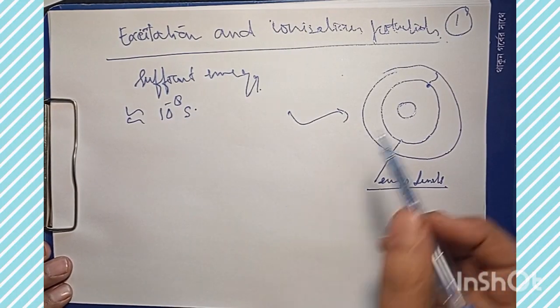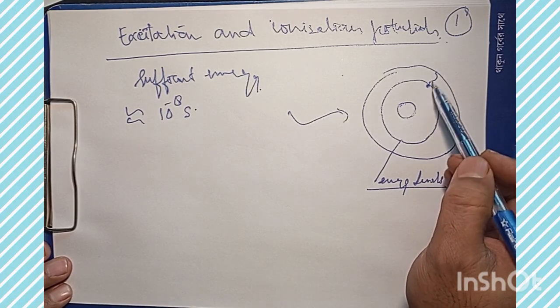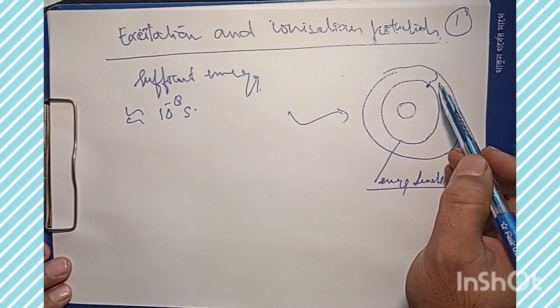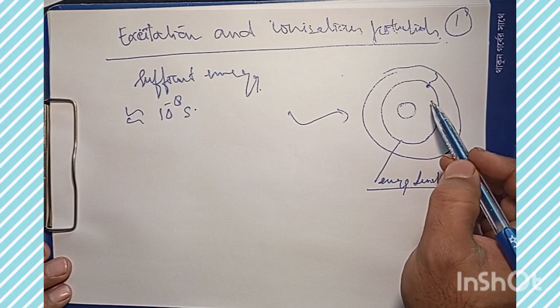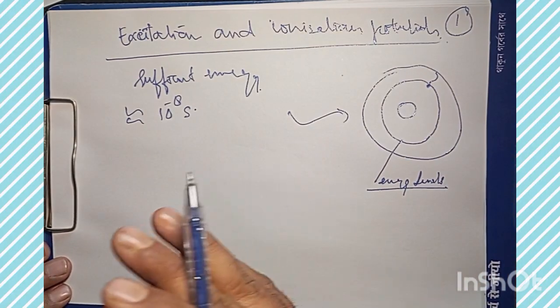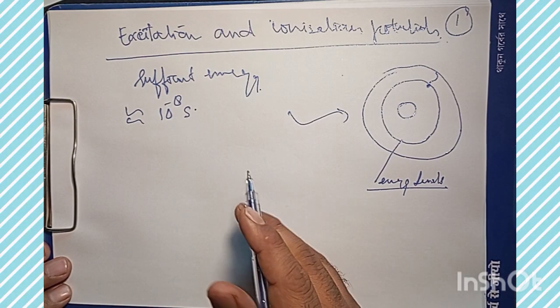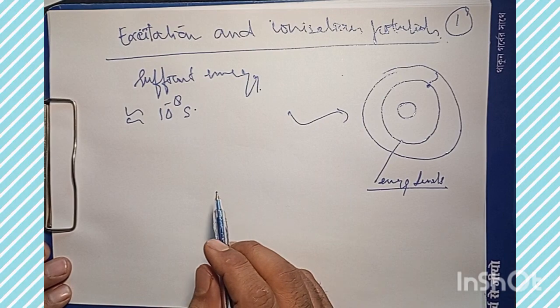After which this electron jumps back to its ground state, to the inner level, thereby emitting the energy that it had absorbed in the form of electromagnetic radiation.